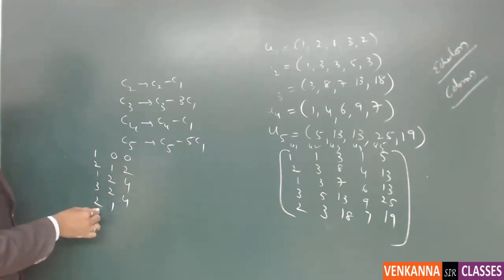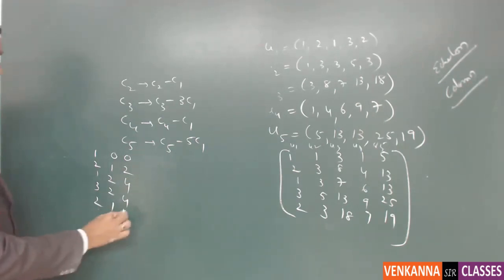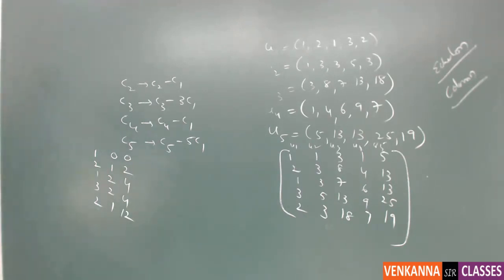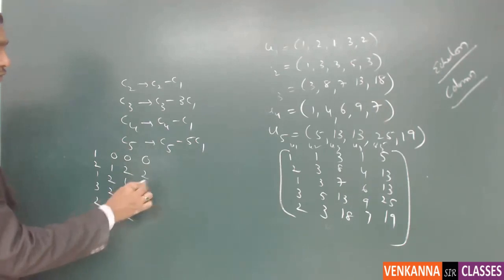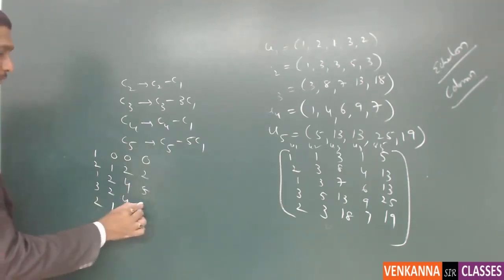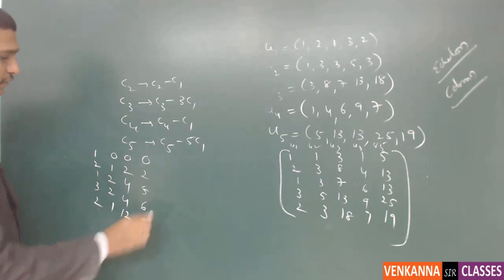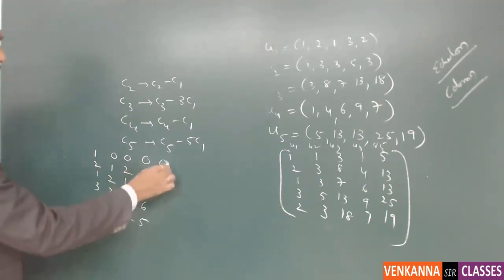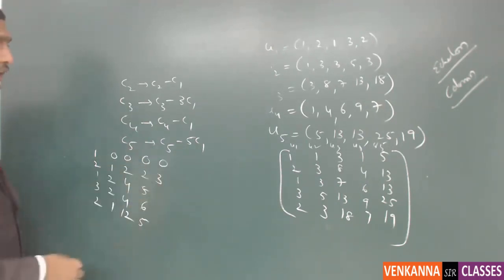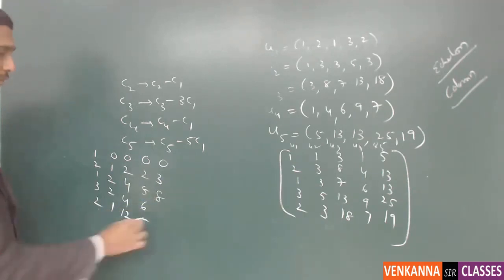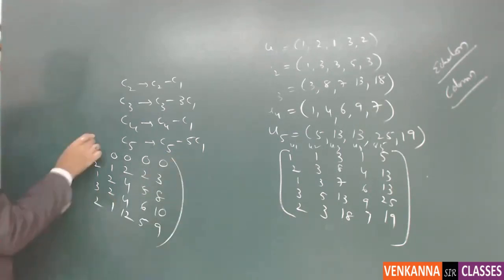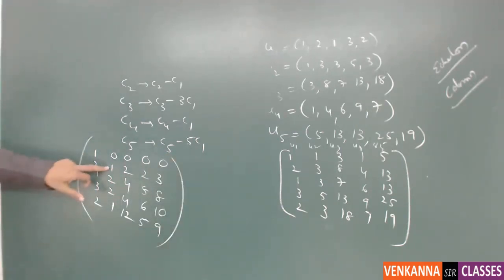Then you have 12, C4 minus C1, 0, 2, 5, 6, 5, again 5C1, 0, 3, 8, 10, 9. Again, by using this element, you are going to make the values as 0. Like that you are doing. Okay?